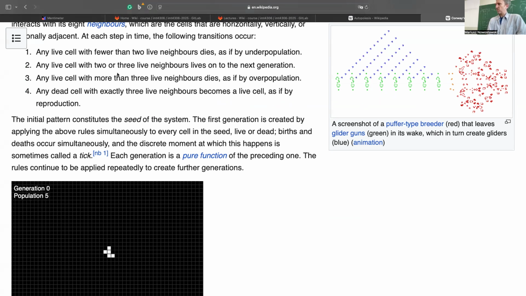Any live cell with 2 or 3 neighbors lives on to the next generation. So if you have 2 or 3, you live. Any cell with more than 3 dies as well. And then any dead cell with exactly 3 neighbors, so if you have neighbors on 3 sides, will become alive, right?